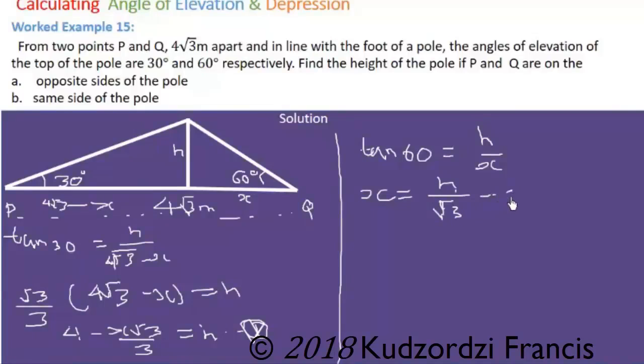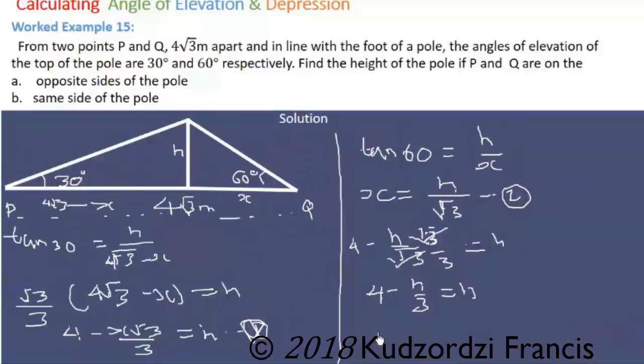So now we substitute equation 2 into equation 1 to obtain 4 minus x, where x is h over root 3, times root 3 over 3, is equal to h. So we cancel this, and we have 4 minus h over 3 is equal to h.